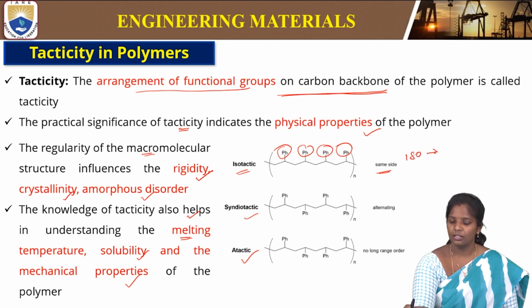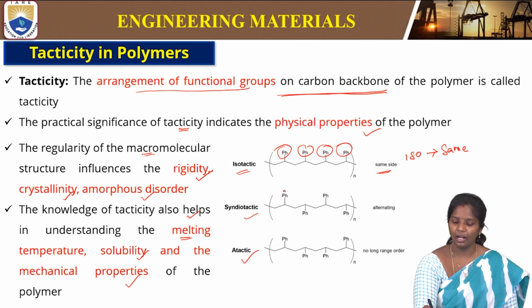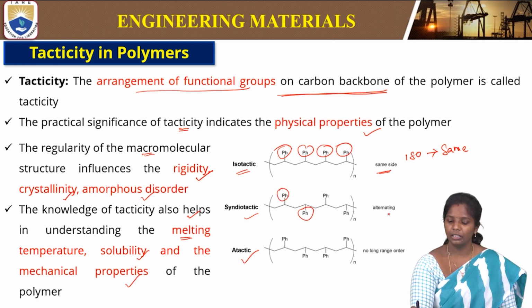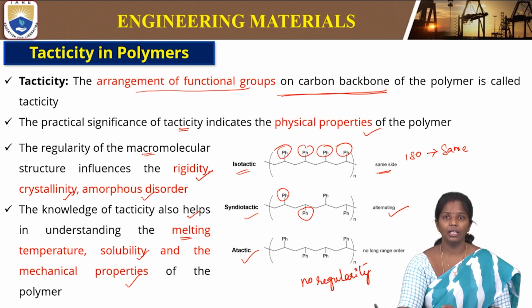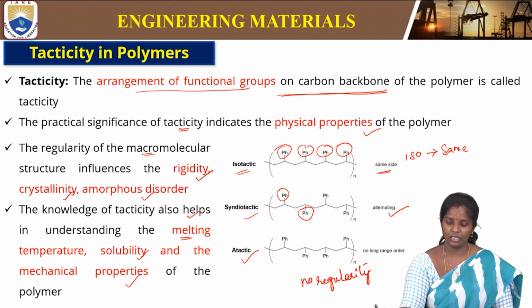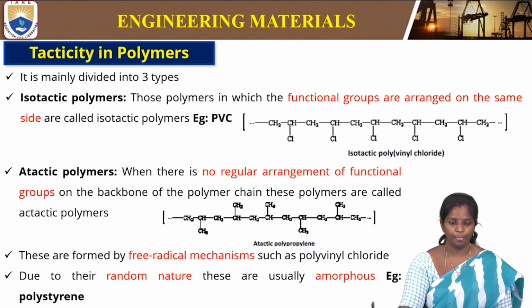Iso means same. Just remember it like this: isotactic. Then syndiotactic, alternating is syndiotactic. Then atactic, no regularity. There is no regularity, the functional groups are randomly arranged. So this is atactic. We will see in detail with some examples.